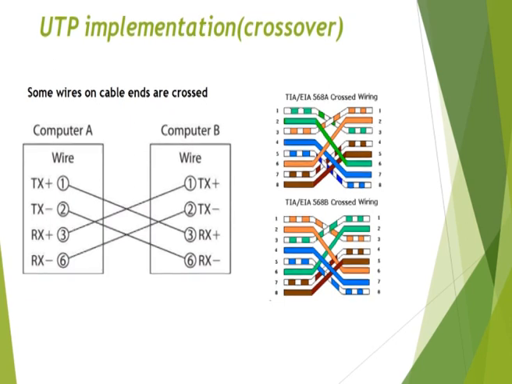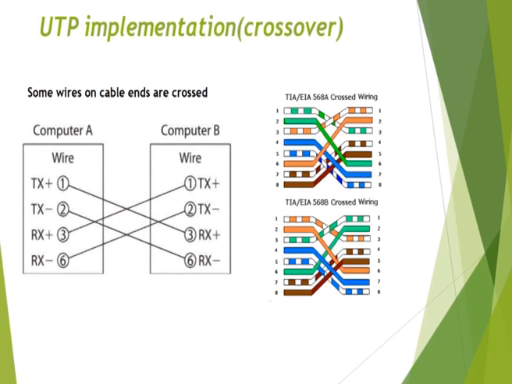Although only 4 of the wires are used to send and receive data in most environments today, some of the newer standards use all 8 wires. Therefore, it is important to know the order of all 8 wires in a UTP cable. There are 2 popular wiring standards today, 568A and 568B.